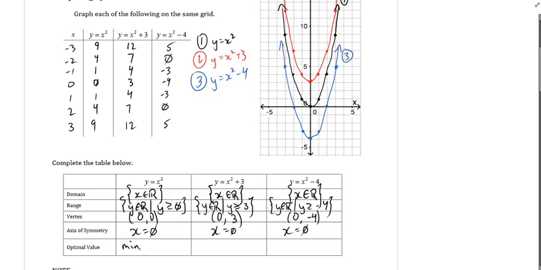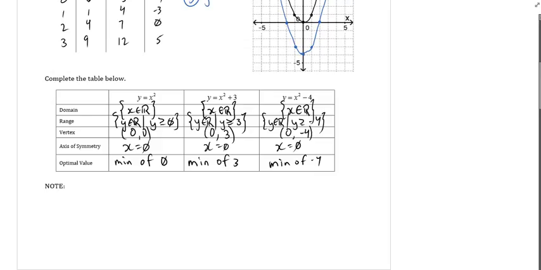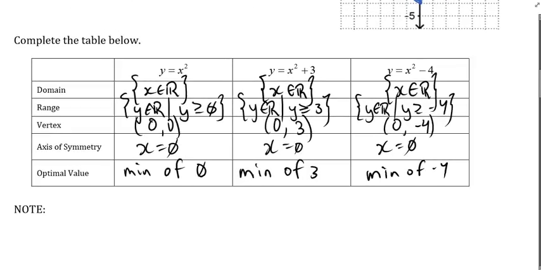So minimum of 0, this always matches the range, minimum of 3, and minimum of -4. It didn't change whether it was a minimum or a maximum, but it did change the value. Okay?